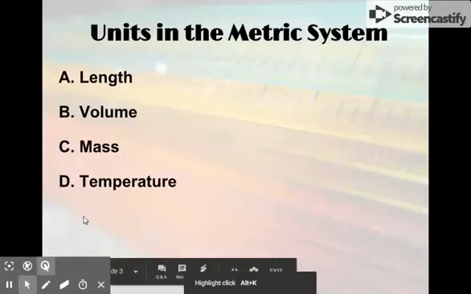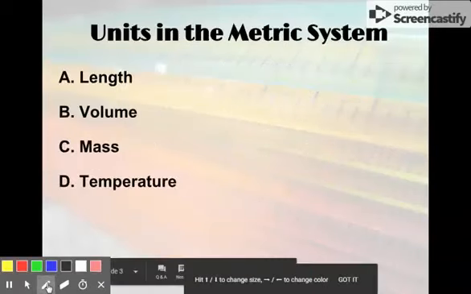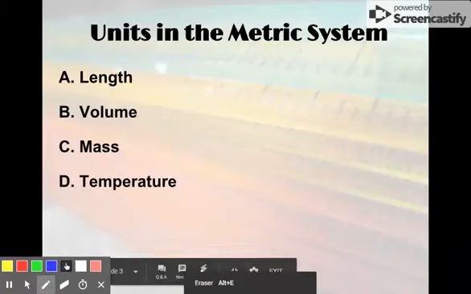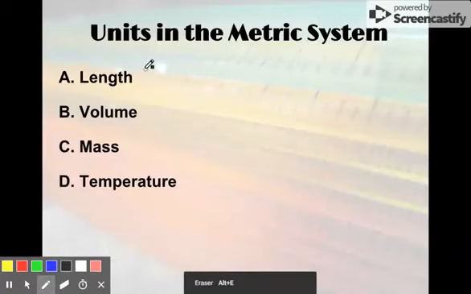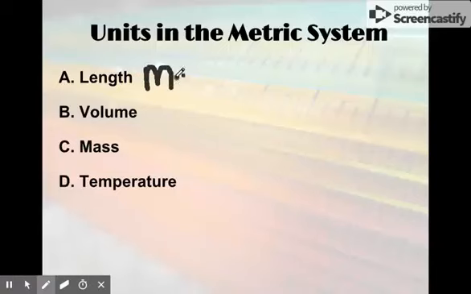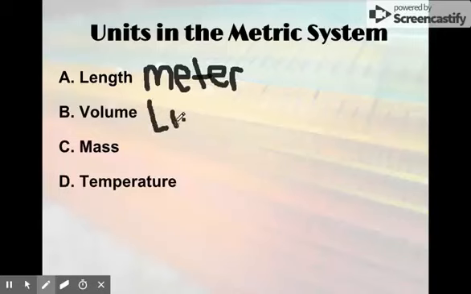Let's discuss the units, the most common ones we come across in the metric system. So for length, the base unit is the meter. And then everything is built off of the meter. So you can have a kilometer, a millimeter, a centimeter. Volume, the base is the liter.